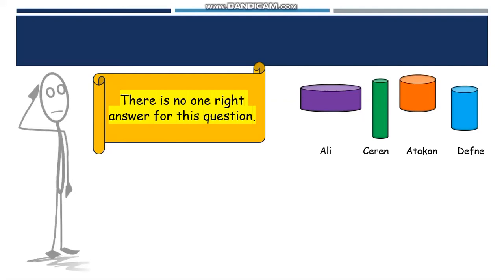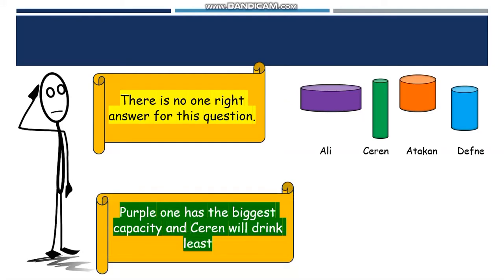So, one possible answer might be the purple one has the biggest capacity, since it looks like it has the biggest radius, and Ceren will drink least because the radius of Ceren's bottle looks like the smallest one. What else can be?